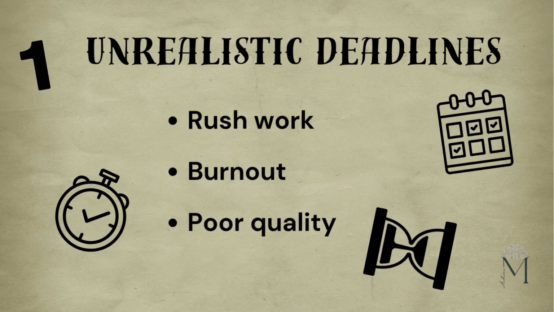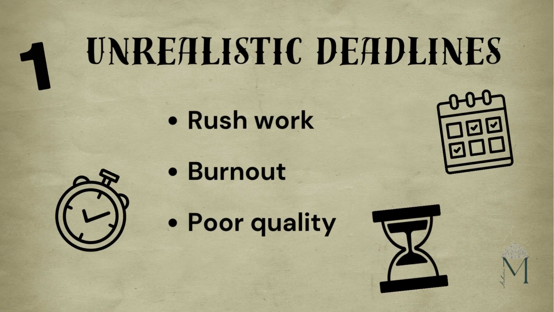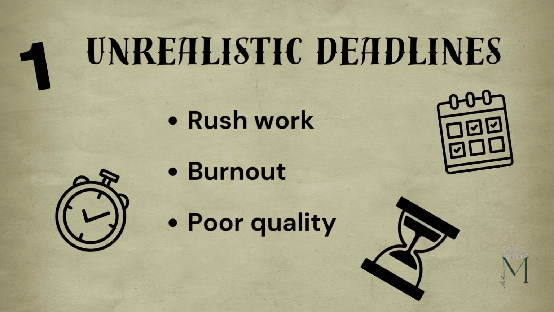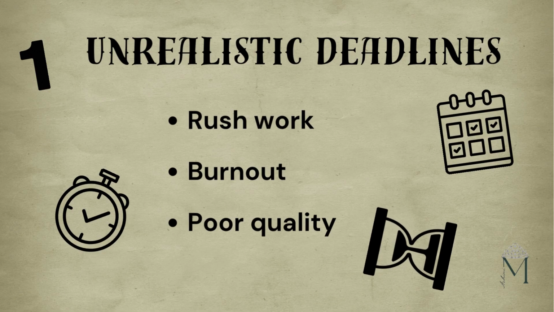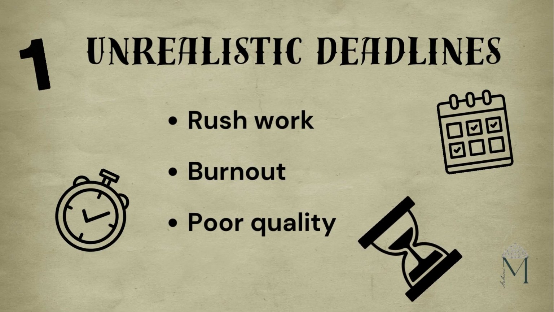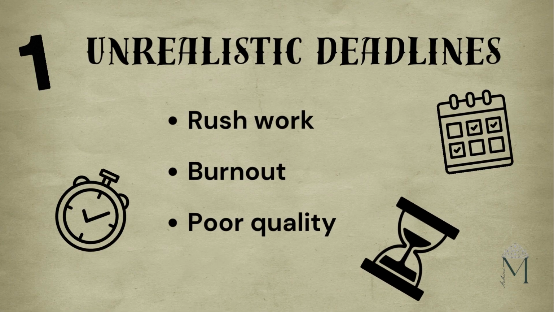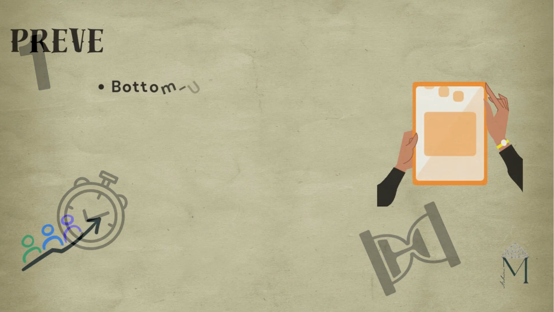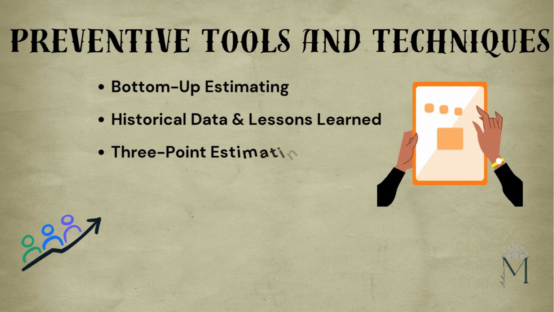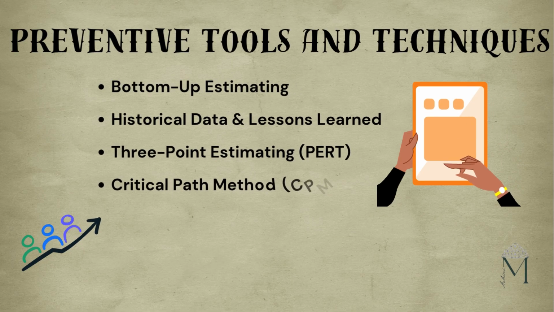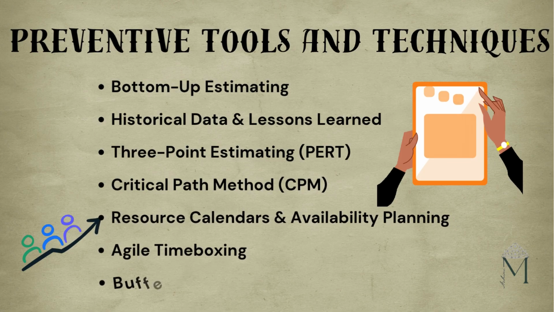Unrealistic deadlines force your team to rush, which can lead to burnout and low quality work. For example, being asked to complete a complex website in 2 weeks when it realistically takes 2 months can compromise everything. In order to overcome unrealistic deadlines, instead of guessing from the top, let the team estimate time at the task level.